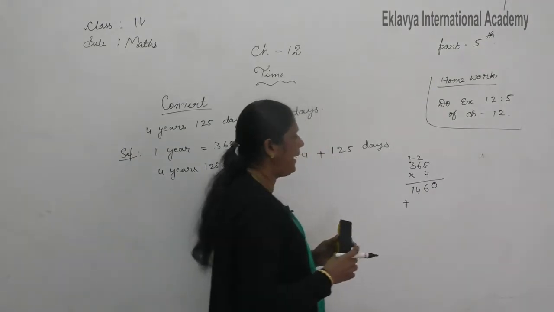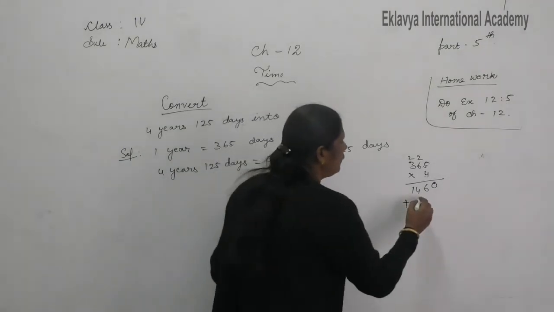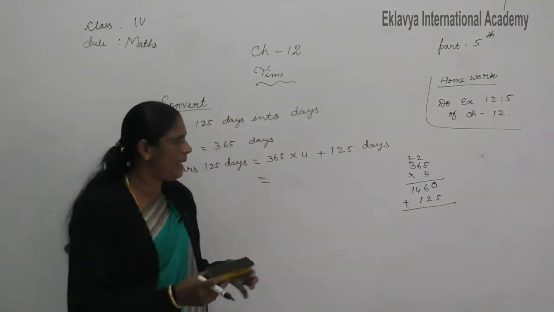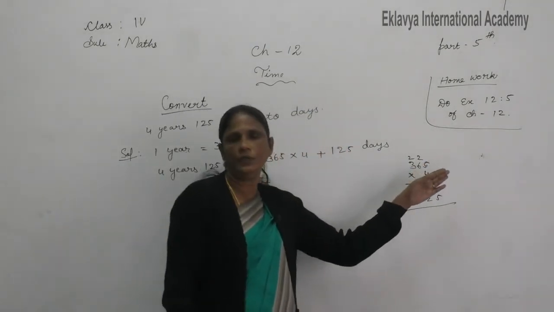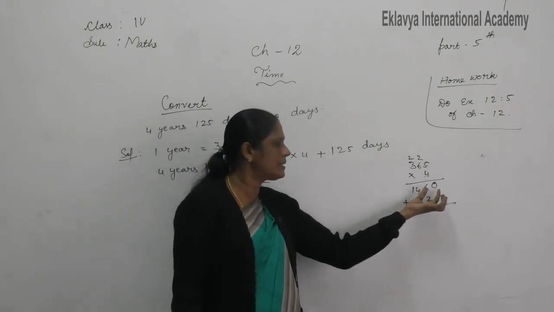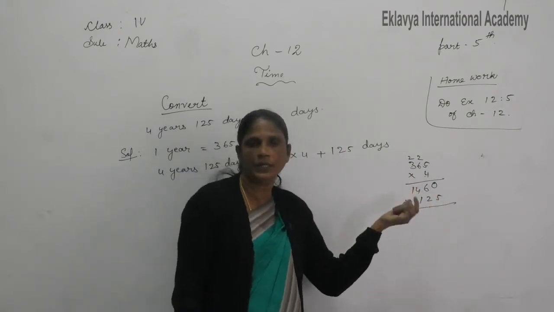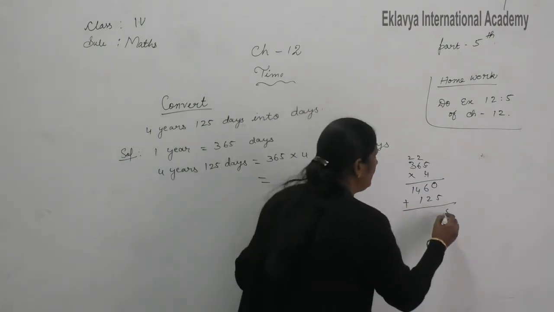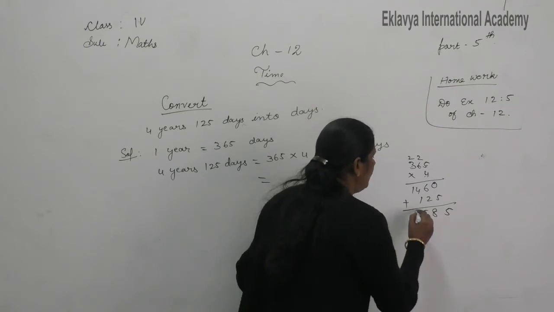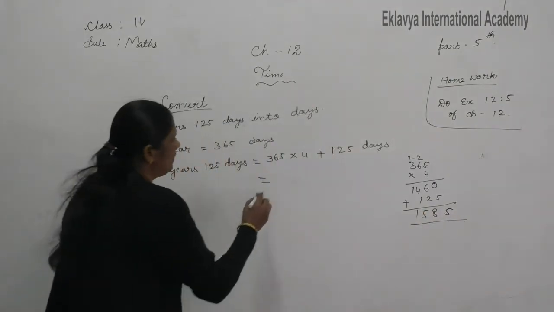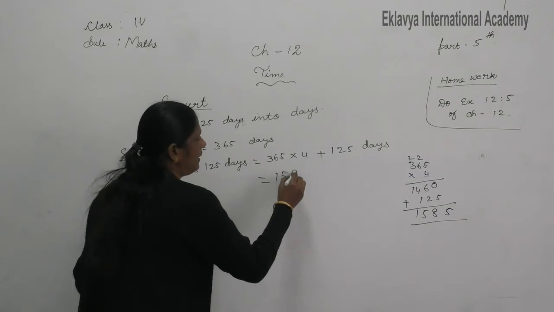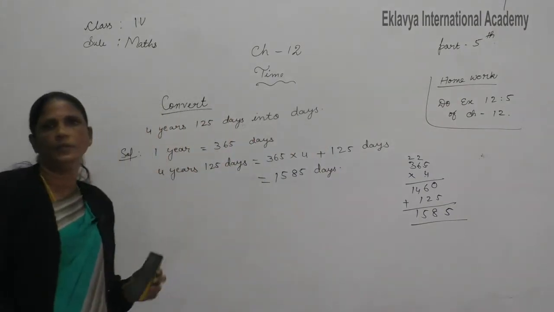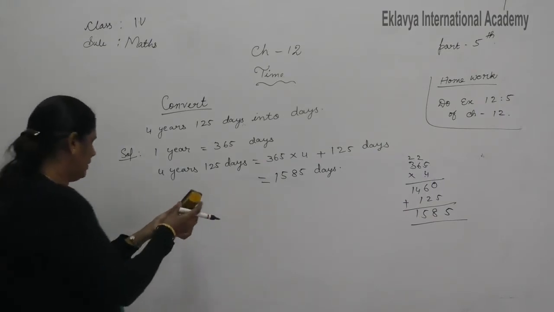First you multiply 365 into 4. Then your answer comes 1460. Then you add this 125. 5 and 5 is 10... Our answer is 1585 days. You understand this? Now convert.